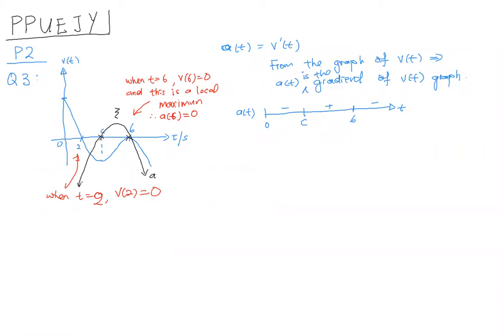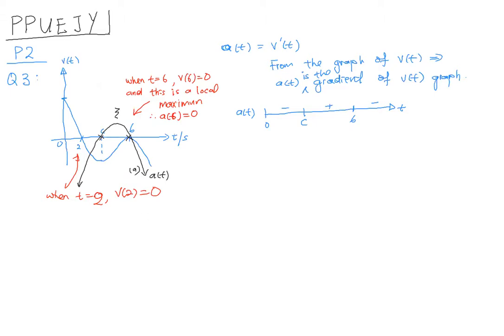So this is your AT graph. Are you okay? Hello, student? Okay, so that is part A. So the rest I'm talking about is the analysis. So usually I will use sign diagram to help me first to know exactly where the graph is located and where the graph will cut the x-axis.